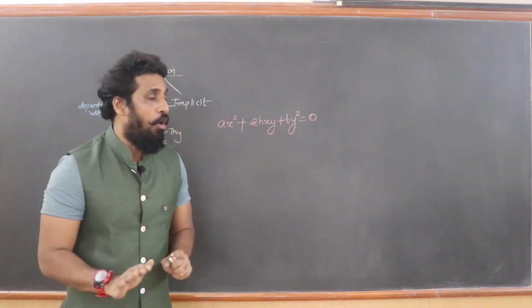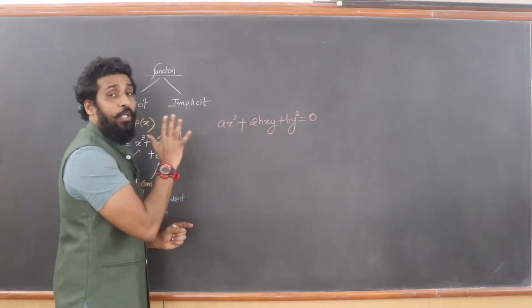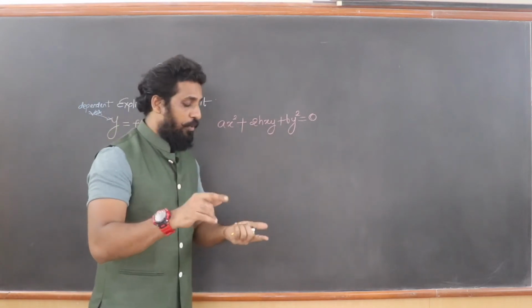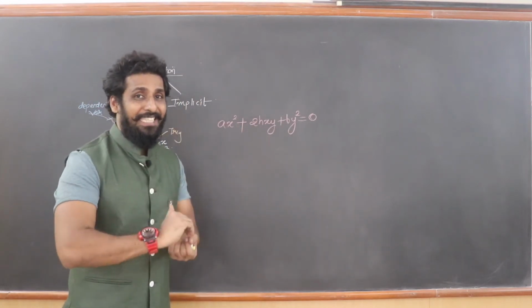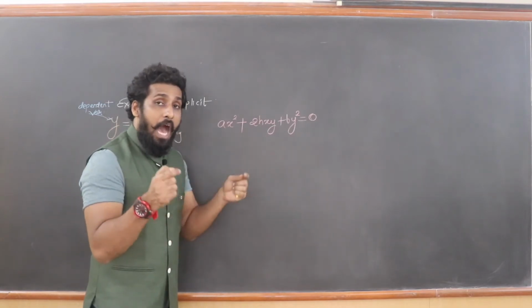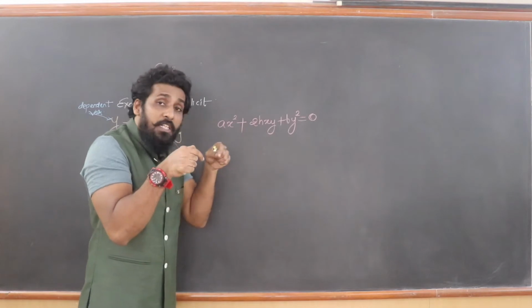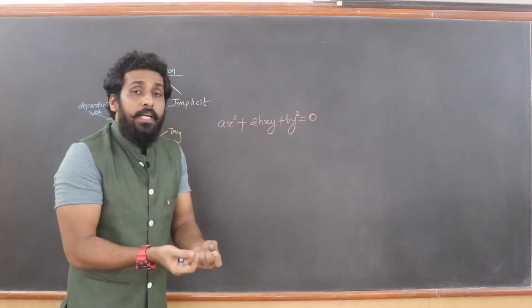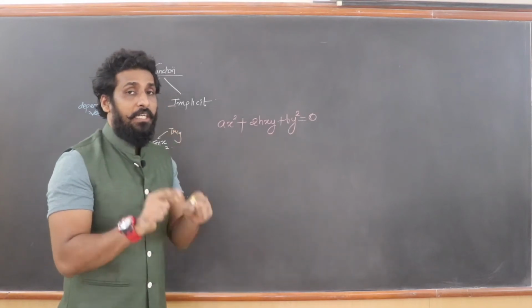Just understand what I'm writing over here: ax square plus 2hxy plus by square. If you observe, there are two variables, x and y. And did you notice x and y are both involved in the same equation? Are you getting it? They are both involved in the same equation.